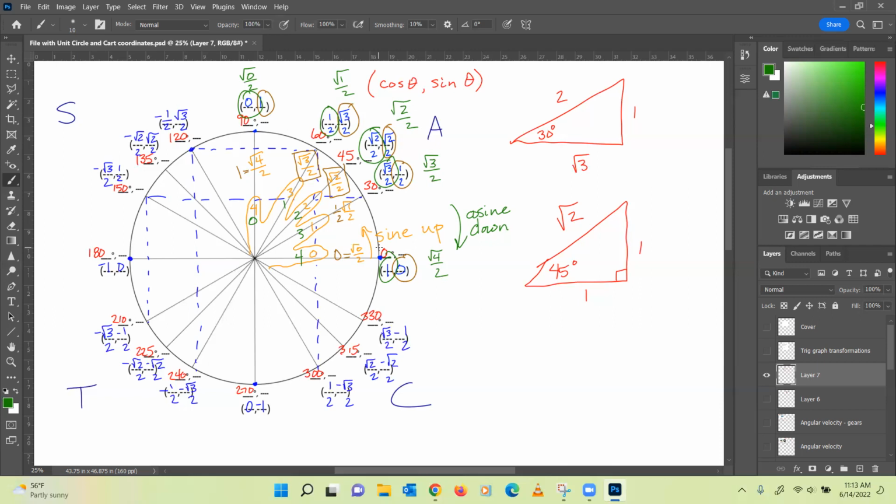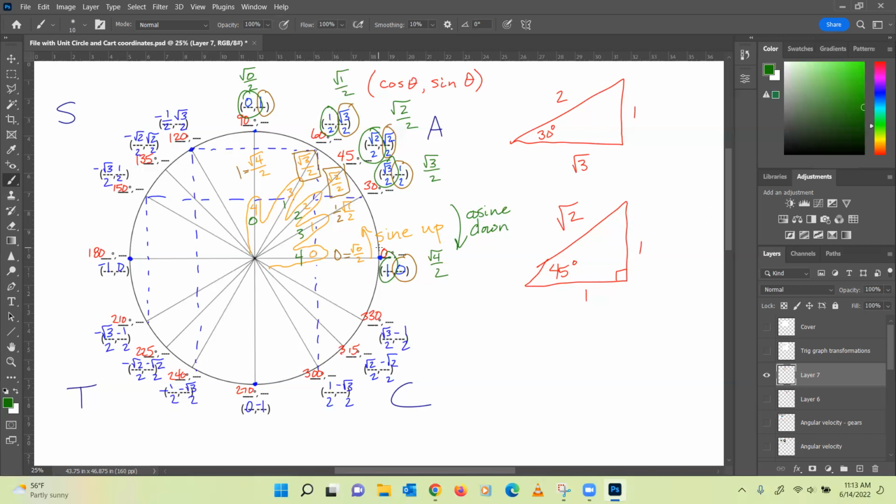Then you can easily just use symmetry and look at the other side of the axes, see that you have the same x and y values, but they're either positive or negative. That'll cover it.